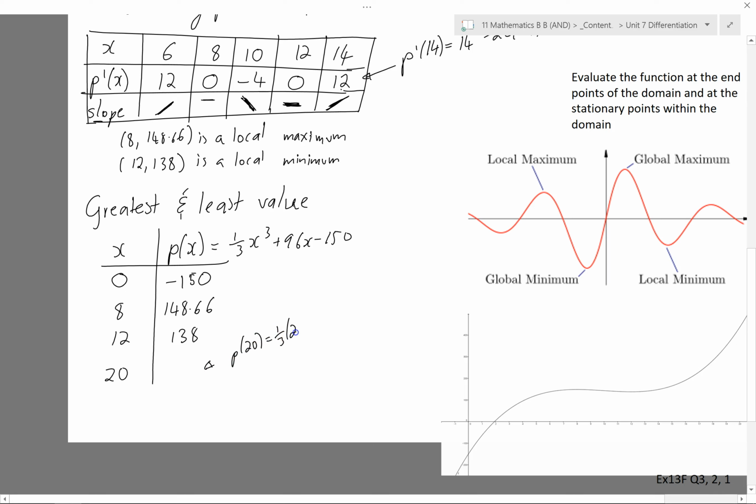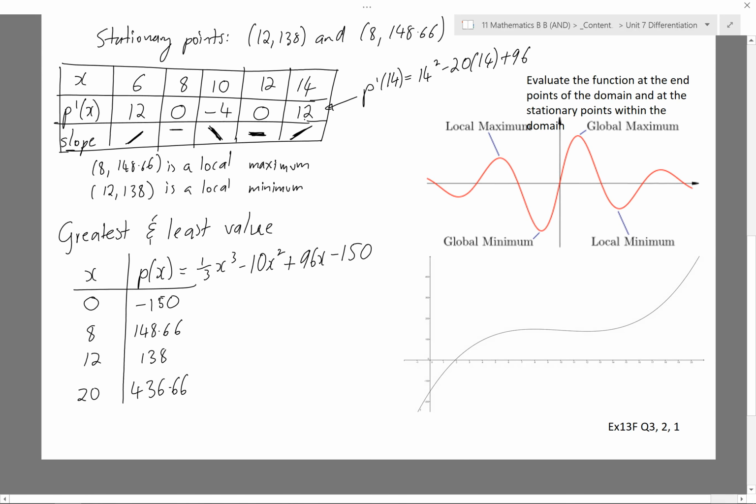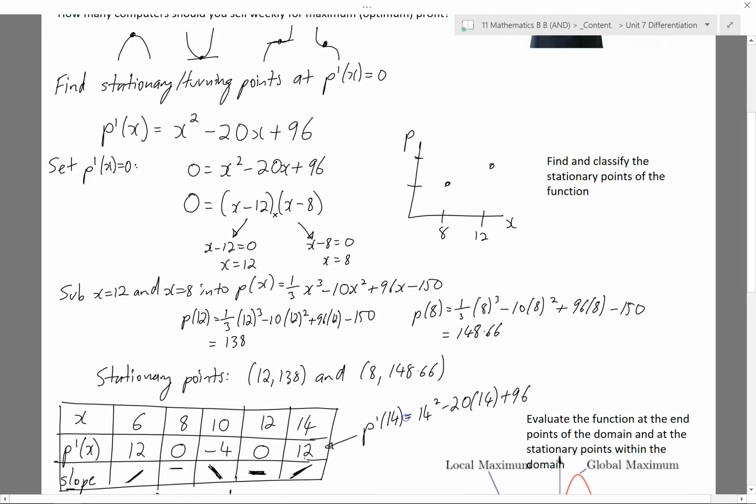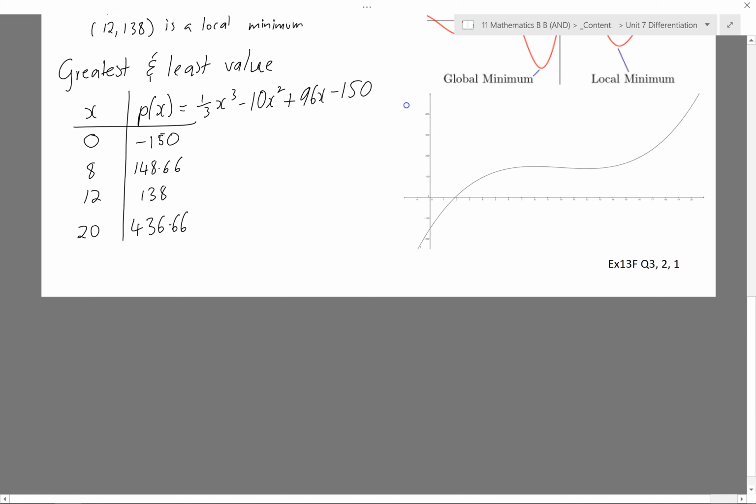So a third, 20 cubed plus 96 times 20 minus 150. Sub that into the calculator. So I've substituted all of these points into my formula, and I've found that actually making 20 computers would make me $436.66. So I go back to the question, how many computers should you sell for a weekly or optimal profit?